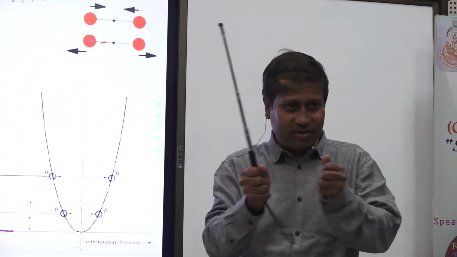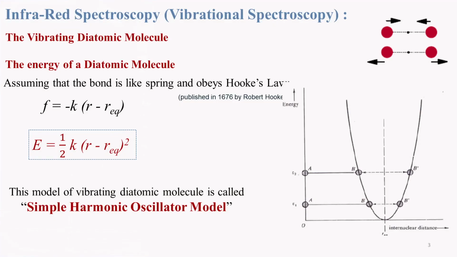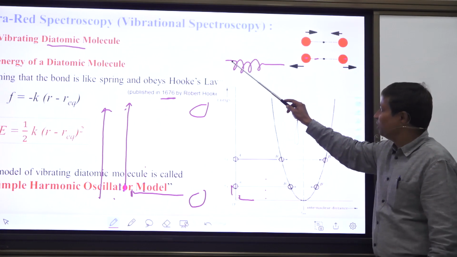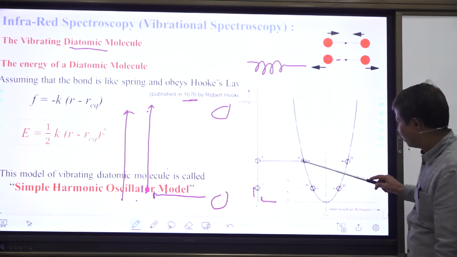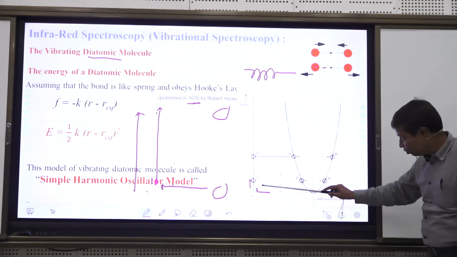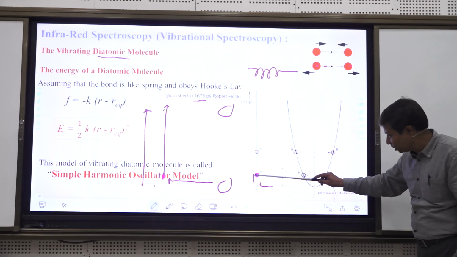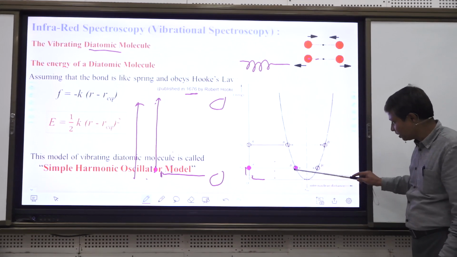The spring is vibrating. So he imagined that it is a spring. Like you have a diatomic molecule, this is one atom, this is another atom.